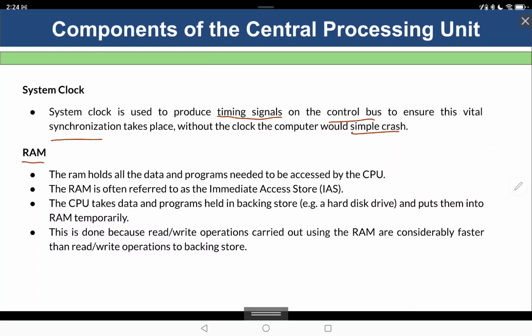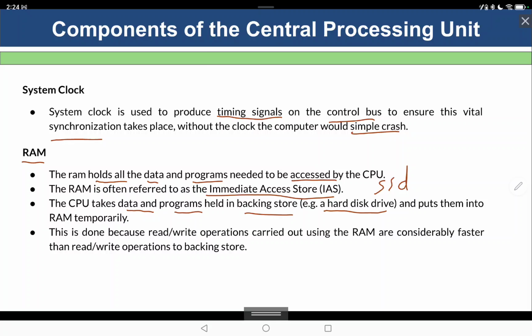Then we have RAM. RAM is a storage, also called immediate access store, IAS. Its function is to hold all the data and programs that need to be accessed by the CPU. The CPU takes data and programs held in the backend storage, in a hard disk drive or SSD.